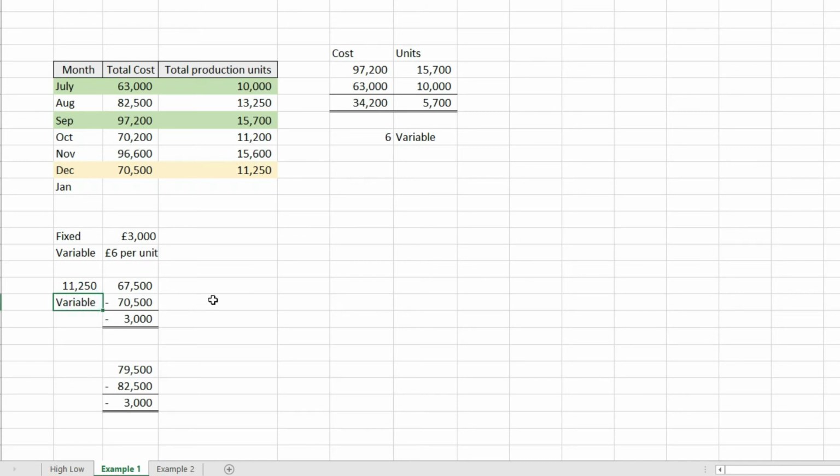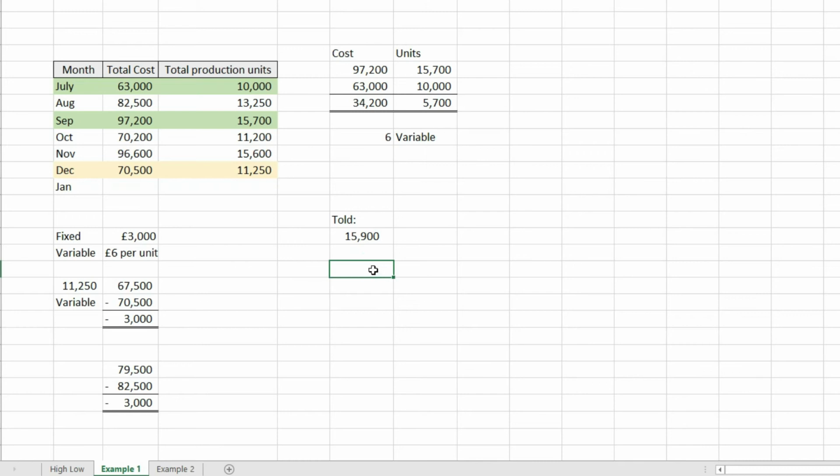So now we need to calculate what January is going to be. So if we're told that, say, total production units are going to be 15,900, so we need to work out the total cost.